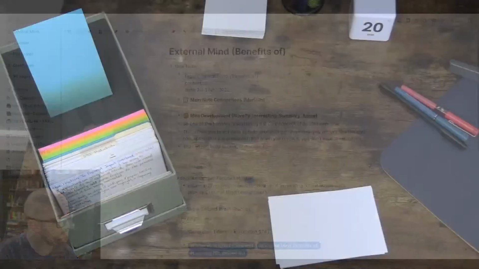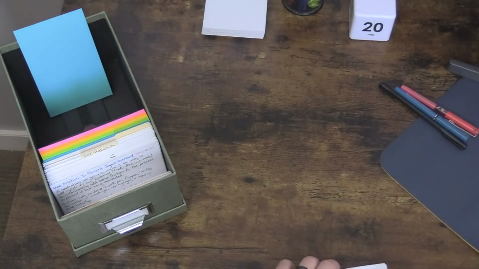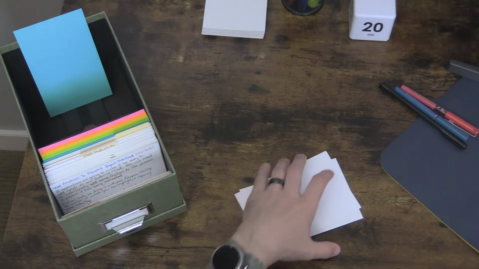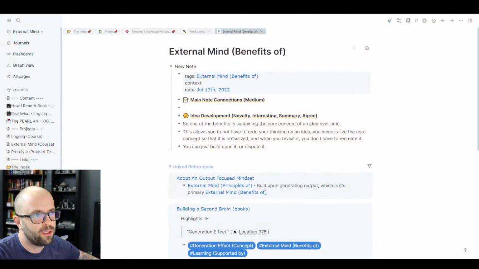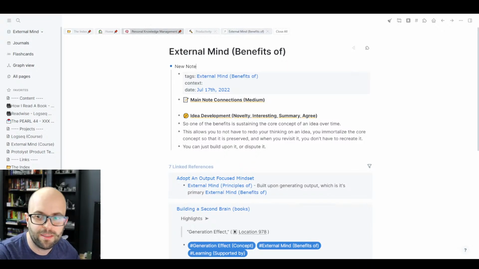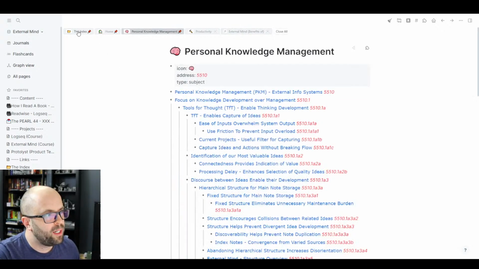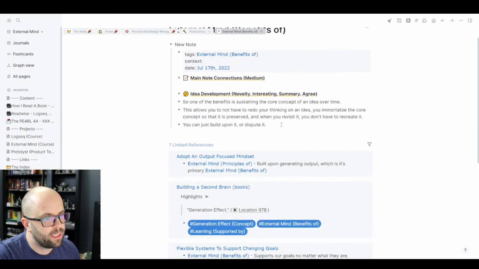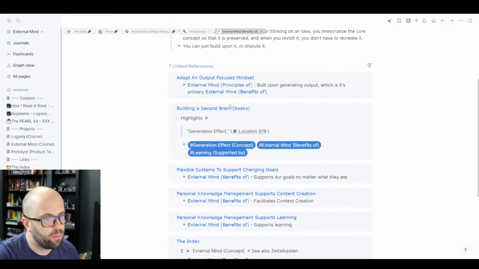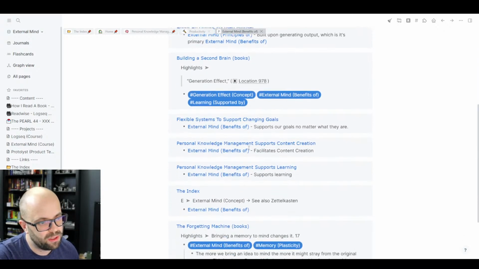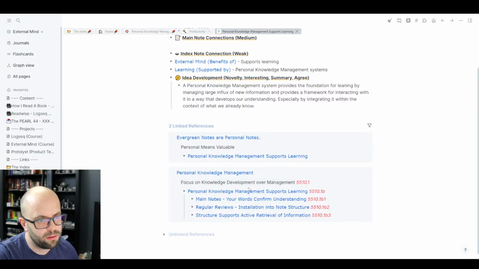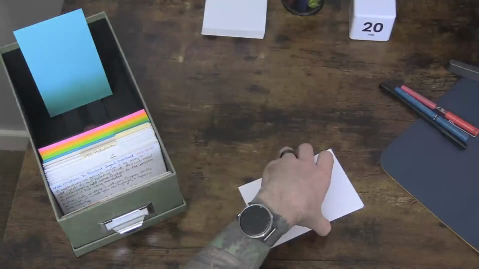So first, before I write out on the note card, let's see where I'm going to put this one. So external mind benefits. I had a couple other ones here. It's not output, changing goals. No. I don't think it's learning, maybe? Maybe that's where I want to first take a look. So if I go to 1B, 510, 1B.